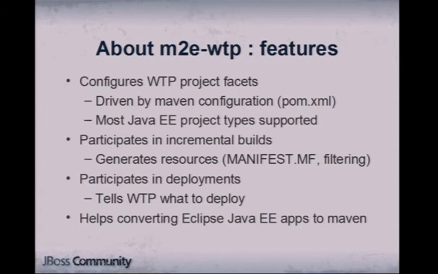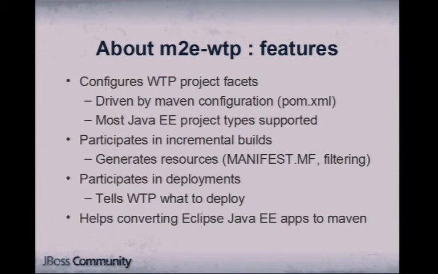So M2E WTP, basically, configures your WTP environment, your Web Tools Platform environment. It reads the Maven configuration from the pom.xml and configures the equivalent WTP facets on your Eclipse projects.